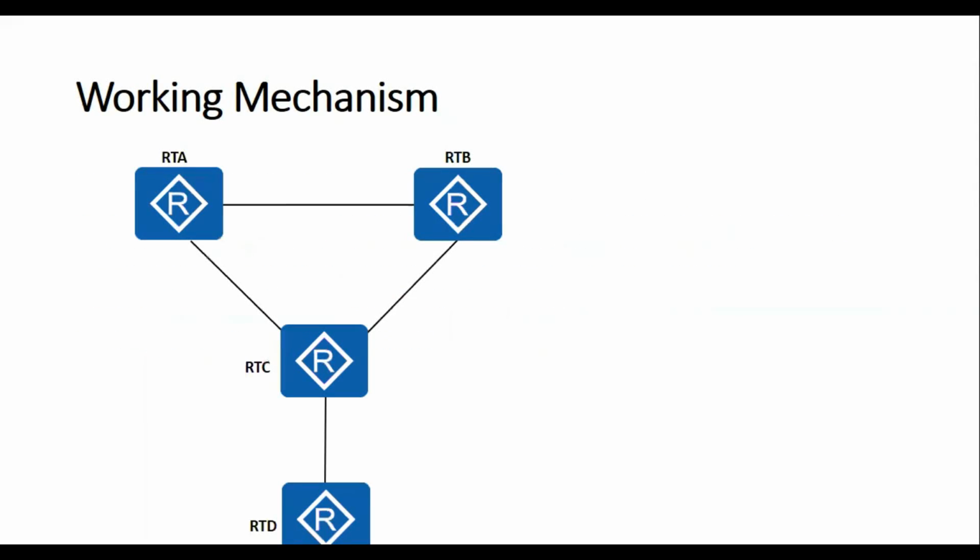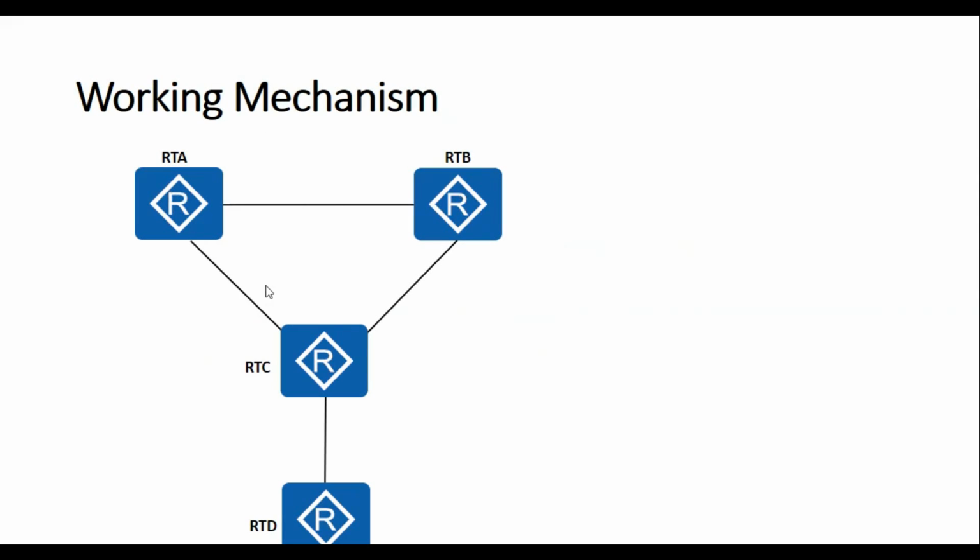So let's start. Once you have your network topology, you have the basic connectivity, and you have assigned IP addresses on the interfaces, then for example, you have enabled OSPF on router B, router A, router C, and router D. We're going to see how to enable it, but now we are looking at the working mechanism.